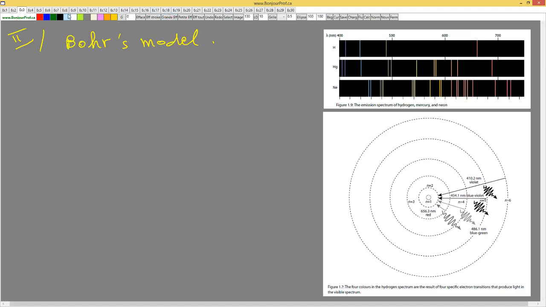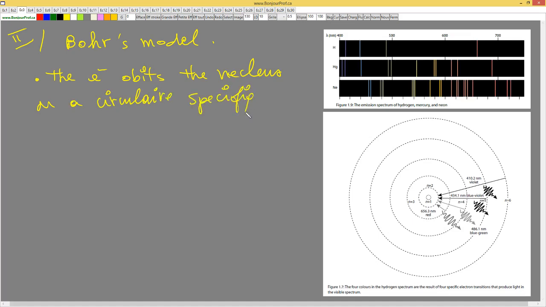So we're going to write Bohr's model first. The electron orbits the nucleus on circular, specific orbits.